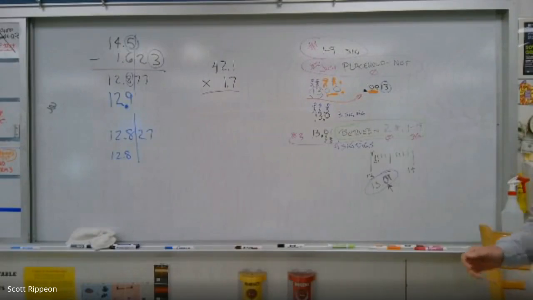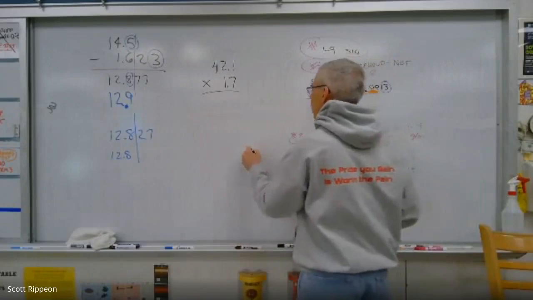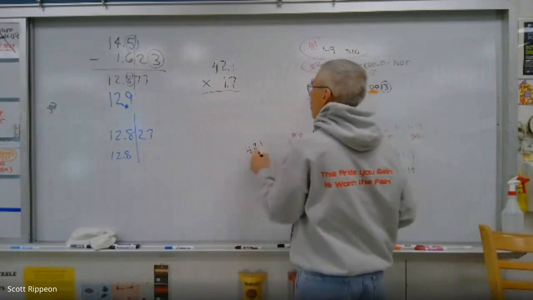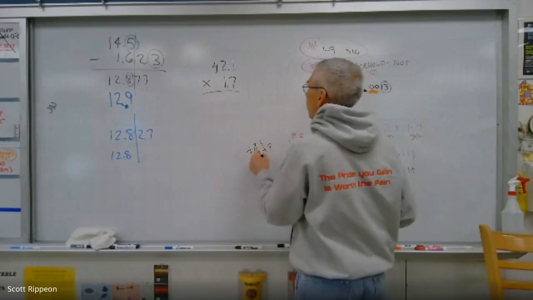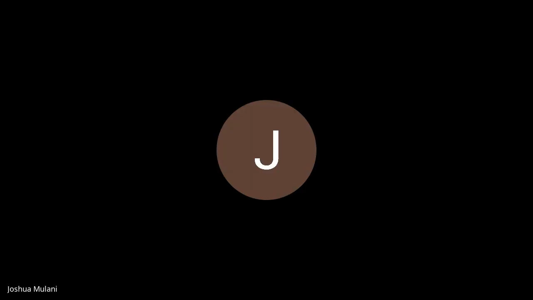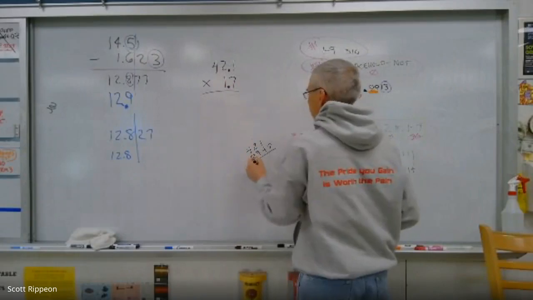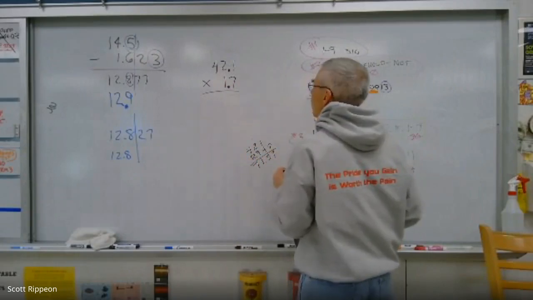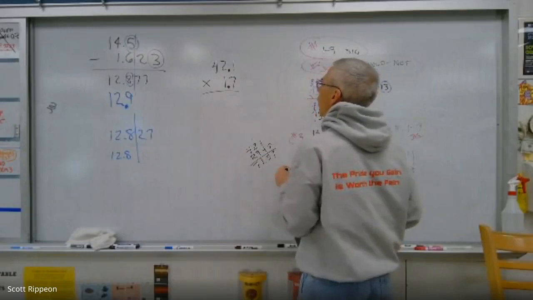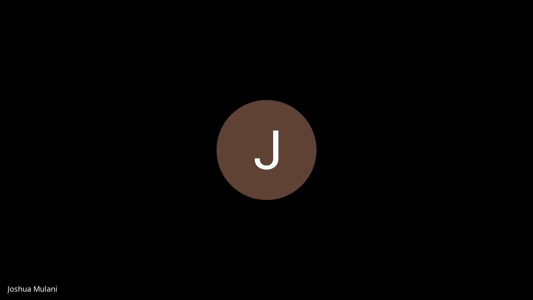Figure out what that is. I'll see if I can do it in my head. 42.1 times 1.7. I got 71.57. I am good. I did it. See? Anyhow, who cares?